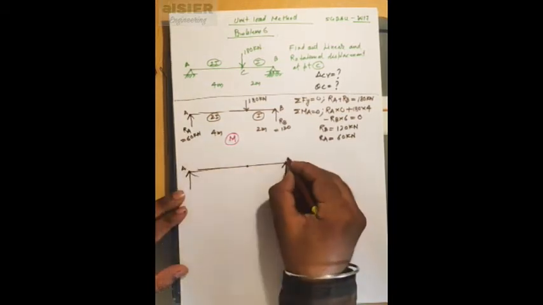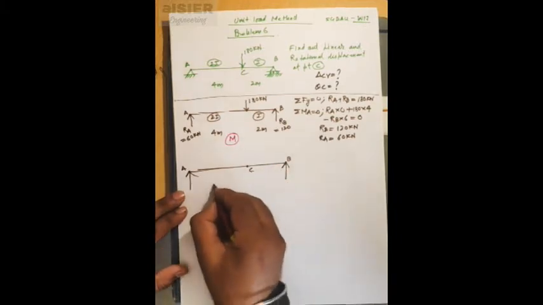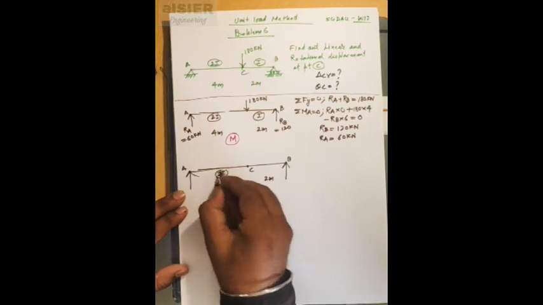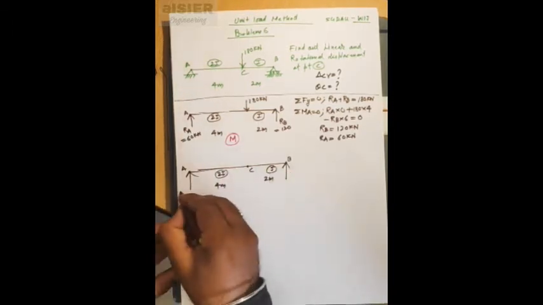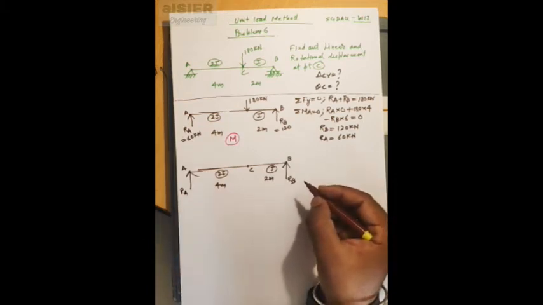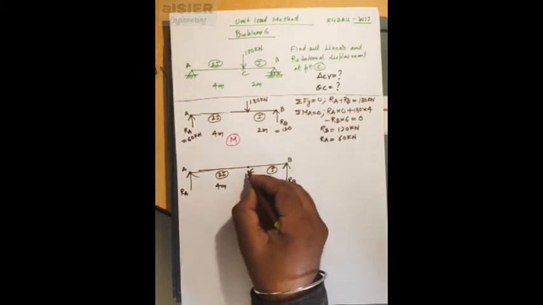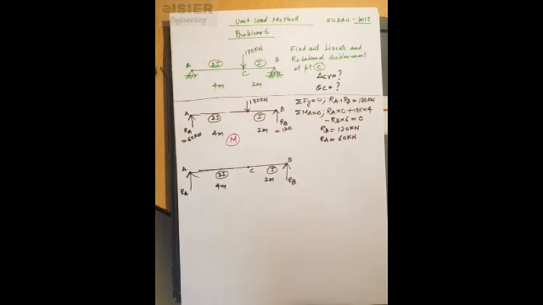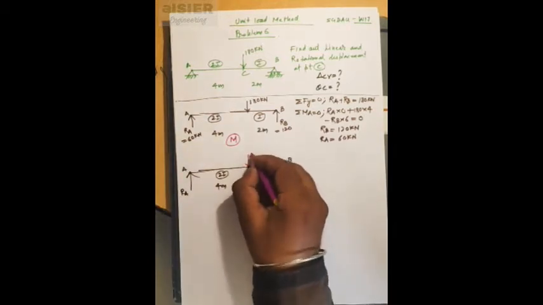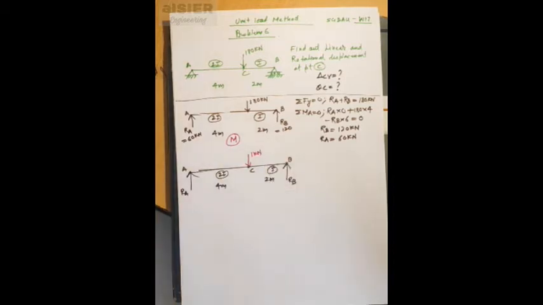This is A, B, this is C. Again 4 meter, 2 meter, 2I, I, this is Ra, this is Rb. So now since we are interested in vertical deflection at point C, we will apply a unit load at point C of 1 kilonewton.